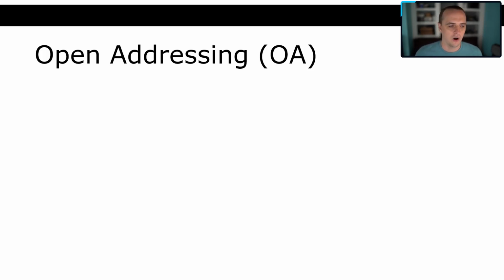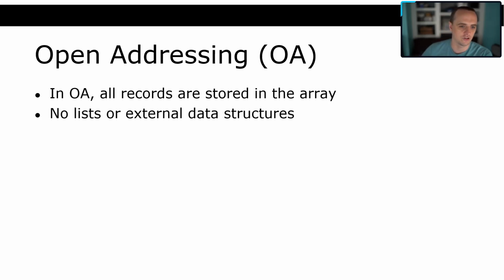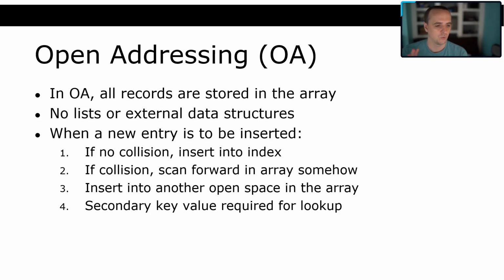Next, we have open addressing. So in an open addressing hash collision resolution scheme, instead of having lists, all of the records are actually stored inside the array. So there's no lists or external data structures. The way that it works at a very basic level is that when we have a new entry to be inserted, if there's no collision, then we're going to insert it into an index, right?